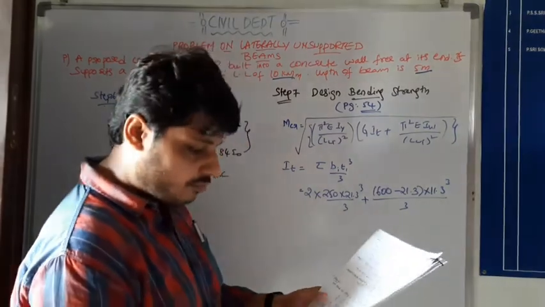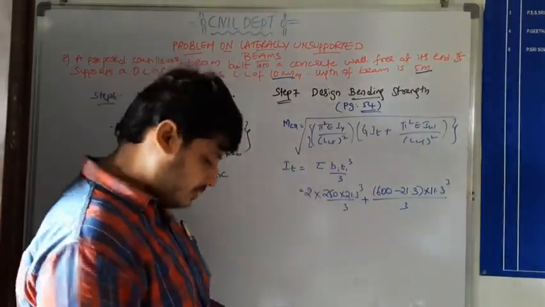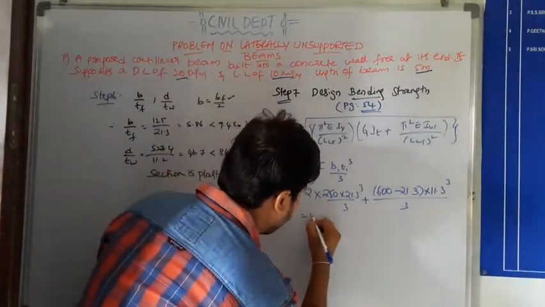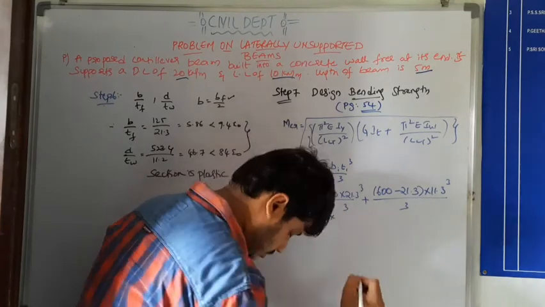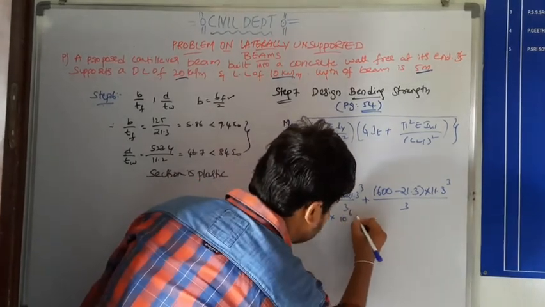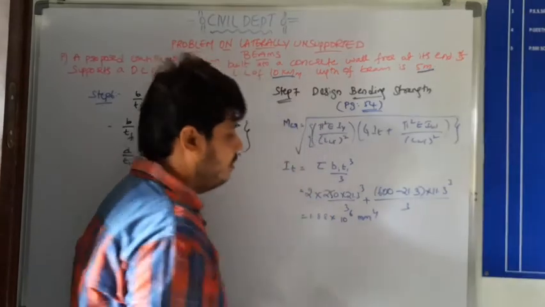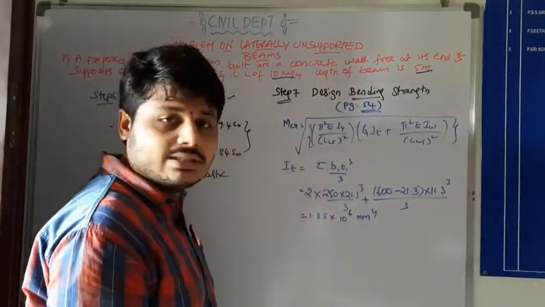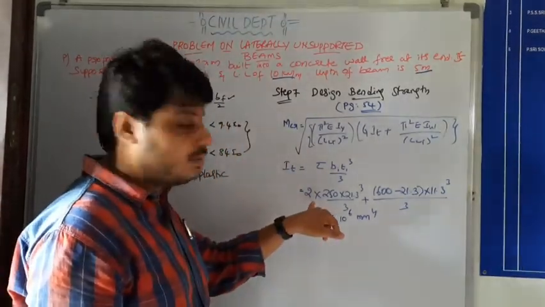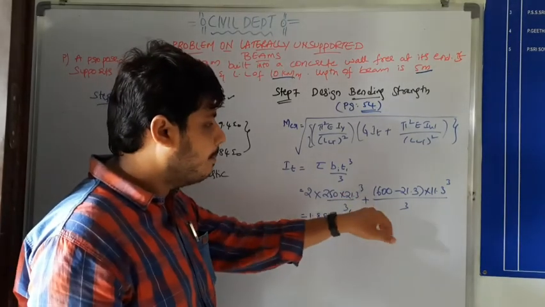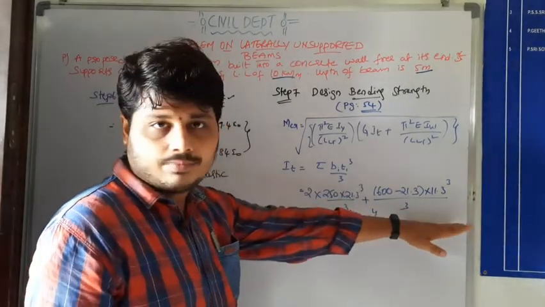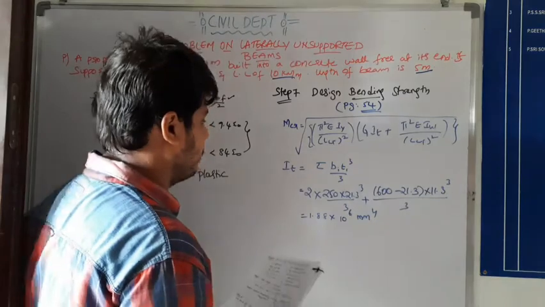So this is the value for IT. By solving we will get the value of 1.88 into 10 power 6 mm power 4. So two flanges, 2 into 250 into 21.3 cube by 3, and web height and thickness.